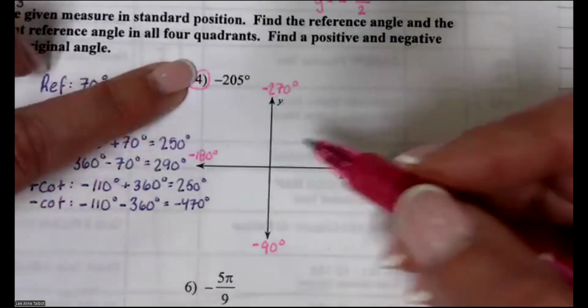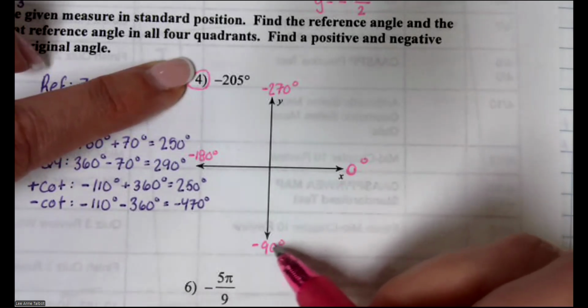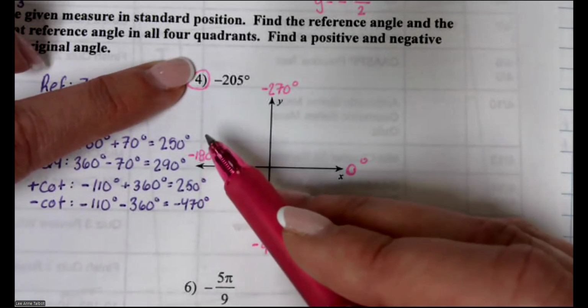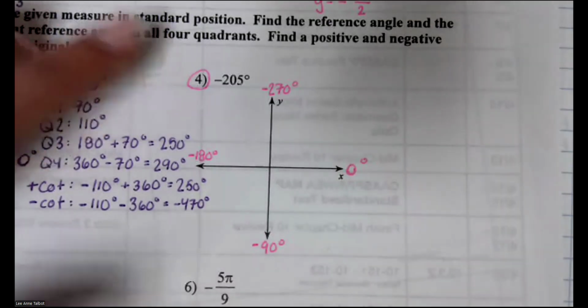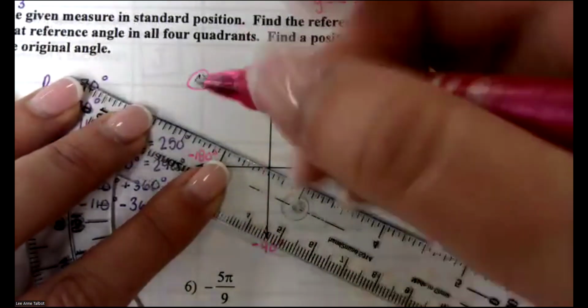Okay, and if it's -205, I'm gonna start here, -90, -180, and it's gonna be a little bit past that. Does that make sense? Okay, so put it like here-ish.